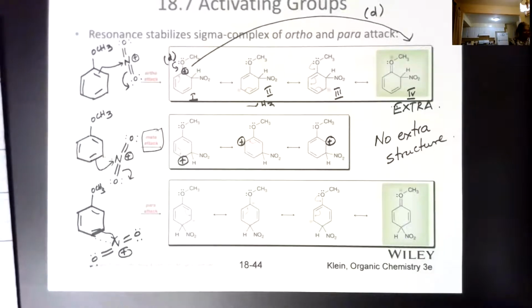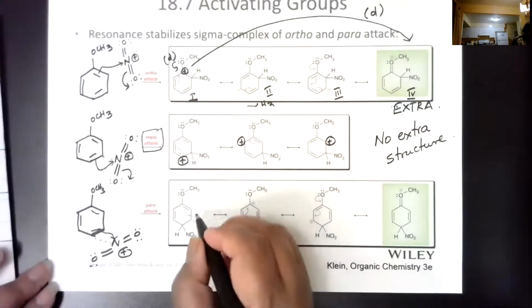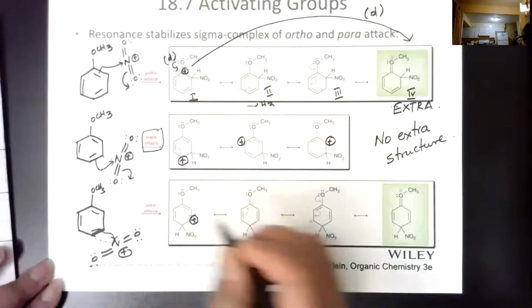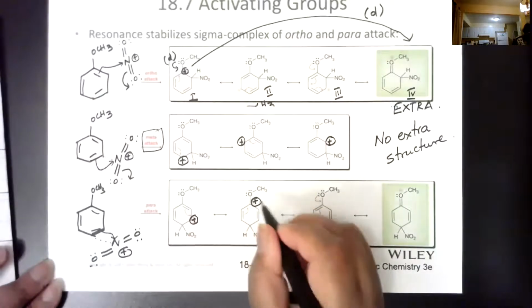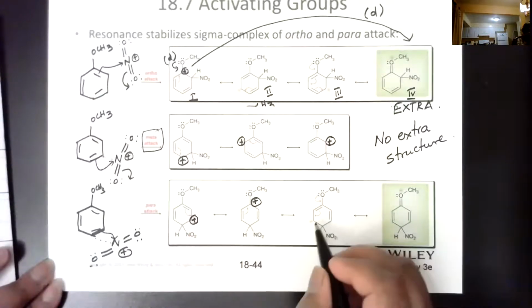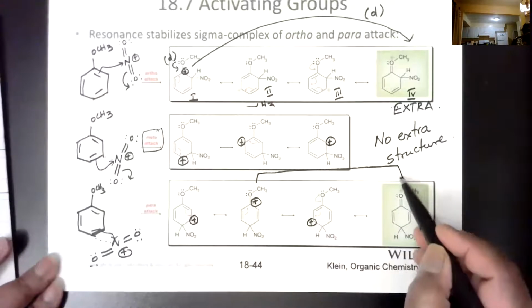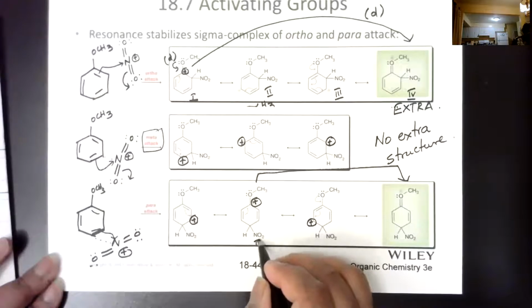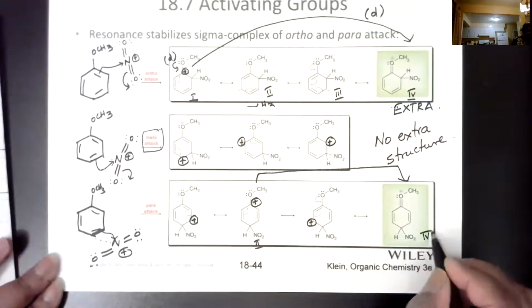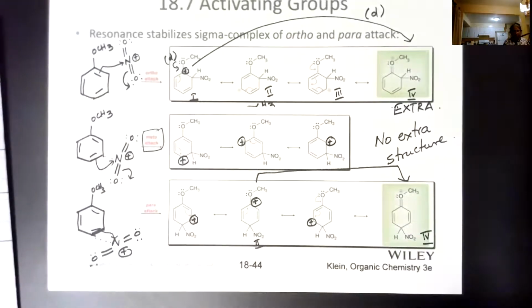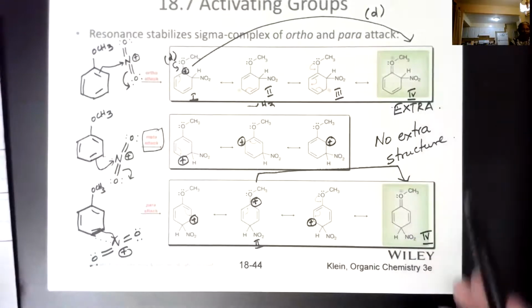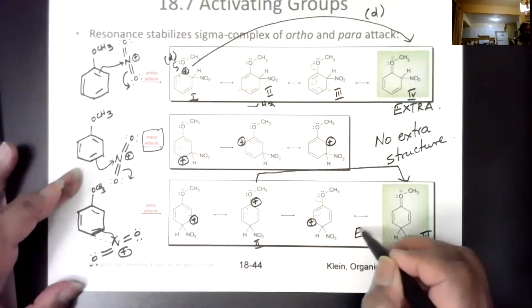You'll see how it's drawn in case this looks messy for you. And you'll see the positive charges here. You can see this is the crucial one. And then here. So you can draw 4 from 2. Same as what we did with the ortho attack. And you have an extra structure.